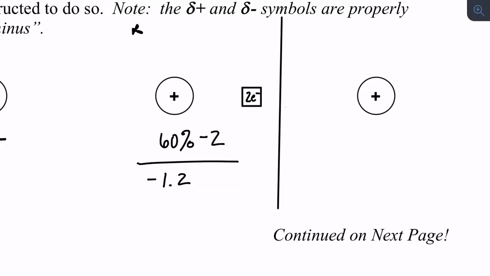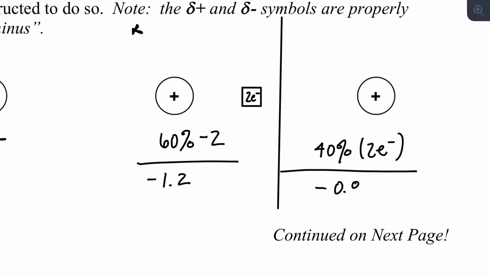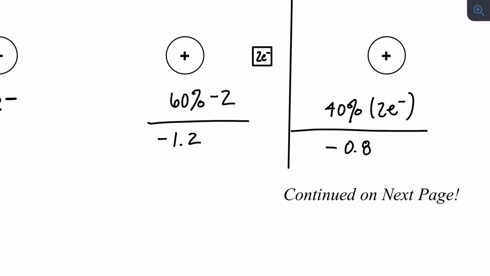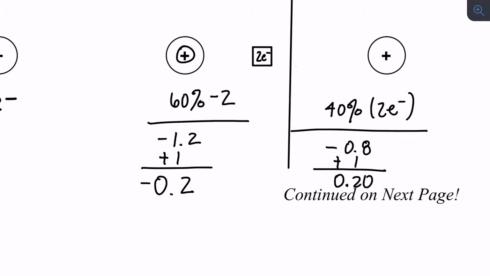And on the other side, conversely, if 60% of it is on the left side, that means 40% of our electron density is on the right side. So times our 2 electrons, times our -2. That'll get us a charge of -0.8. And so if we add these to our nucleus charge of +1, we get a charge here of -0.2, and here we get of +0.2.